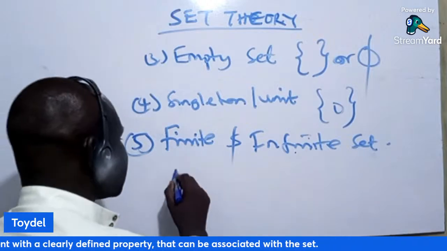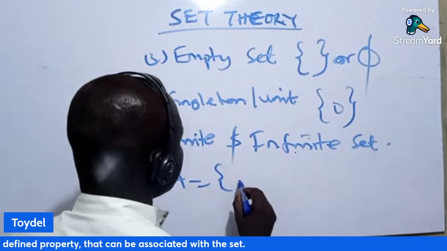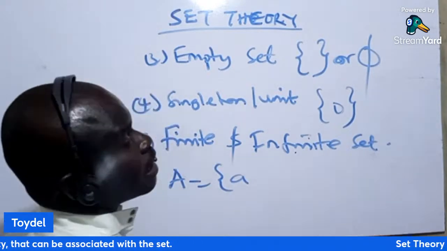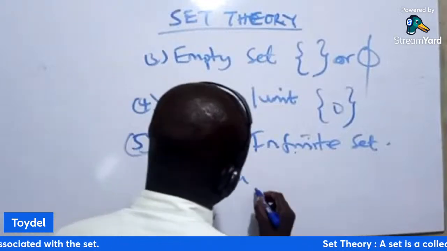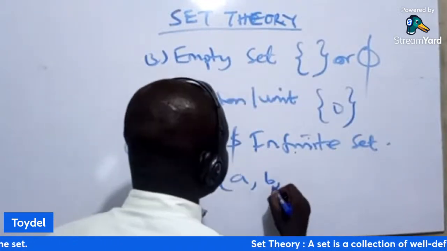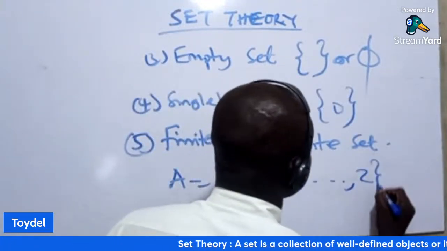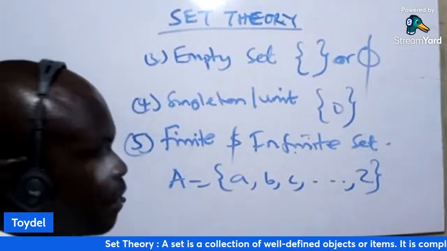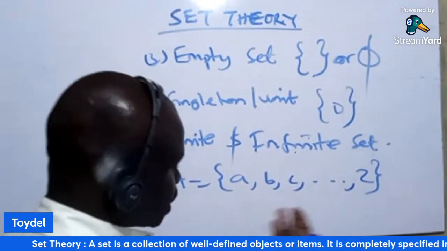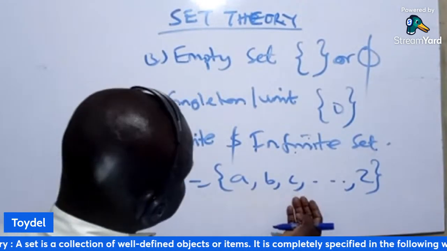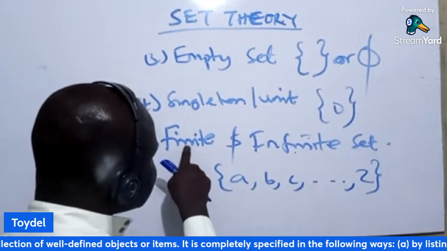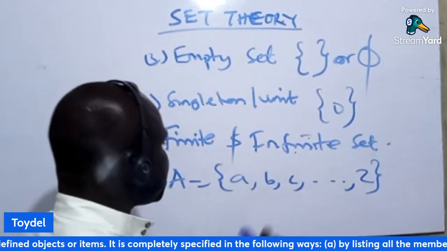Let's say set A is equal to the letters in the alphabet, A, B, C, up to Z. Of course, we know that there are 26 letters in the English alphabet. So this is specific. So a finite set is a set that has a specific number of elements.